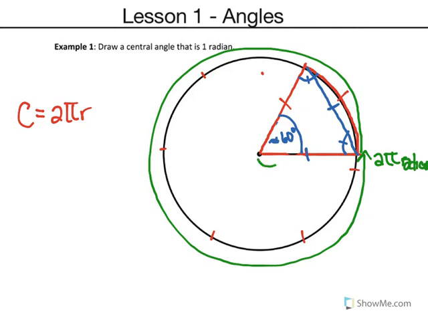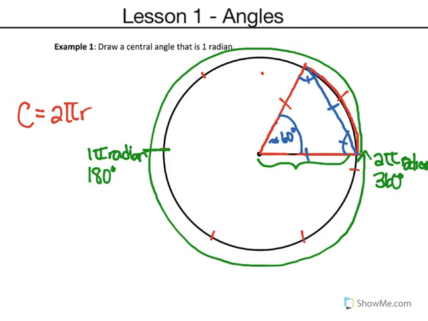It doesn't matter what your r is, we just call it a radian. So a full circle is 2 pi radians. That would mean that half a circle is 1 pi radians. We also know that 2 pi radians is a 360 degree rotation, and 1 pi radian is a 180 degree rotation.